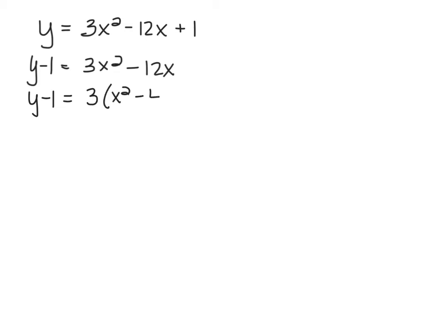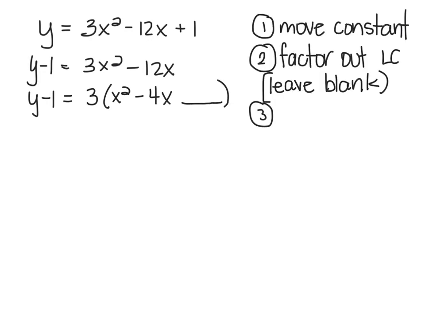And when I do that, I always leave a blank here at the end. So here so far are the directions. If you don't know that this stands for leading coefficient, make sure you write yourself a note. So I moved the constant, I factored out the 3.